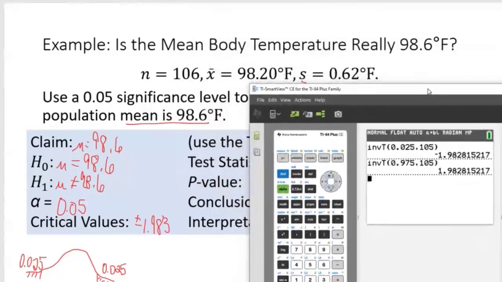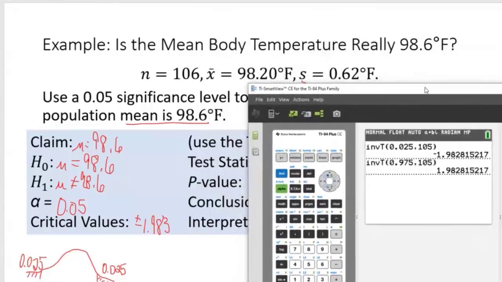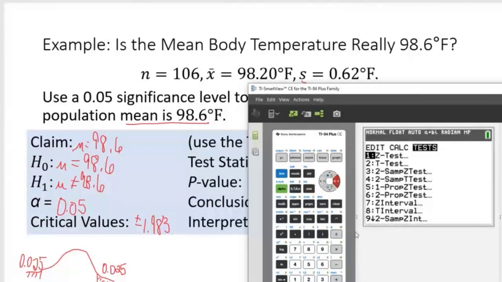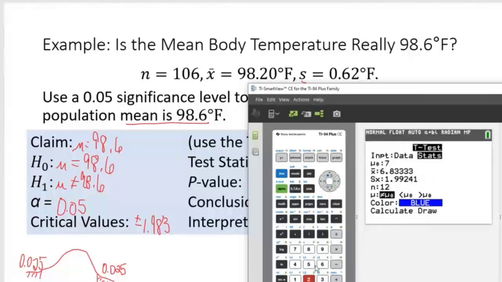And we're going to do the test at stats, over to test. The t-test is number 2. And I am entering statistics because I'm not entering the large list of numbers. My null hypothesis was that it equals 98.6. The mean from the sample, that's up here at the top, was 98.20.